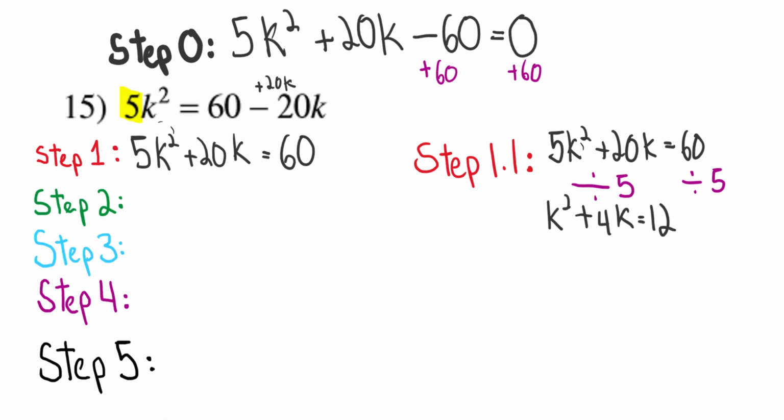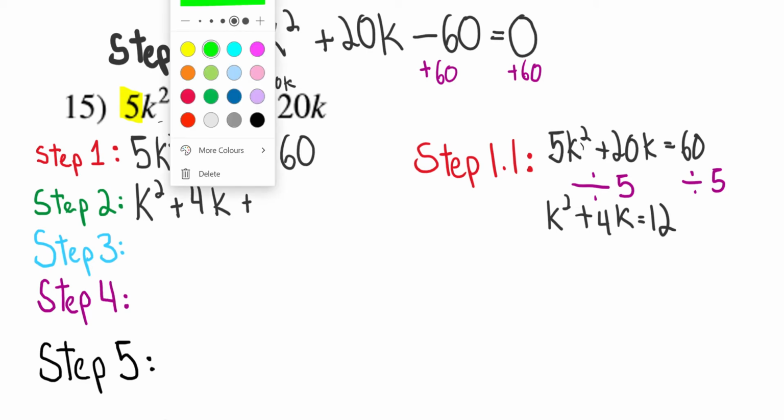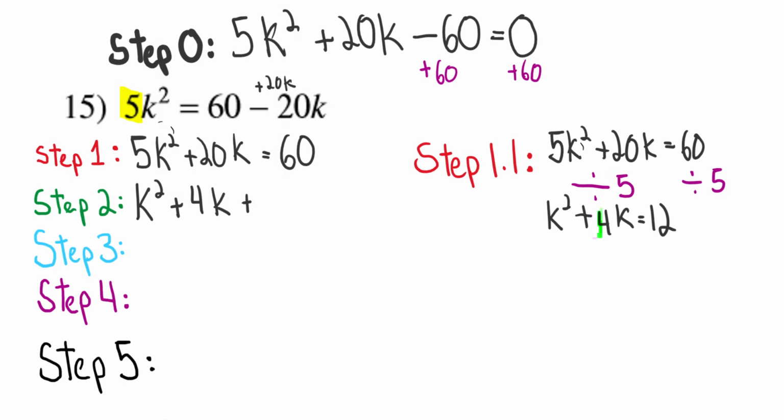Now that I have that, I must add b divided by 2, squared, to both sides. Notice the b that I am going to be using is this b. It is not 20, it is the new b that I have that I use for my equation.